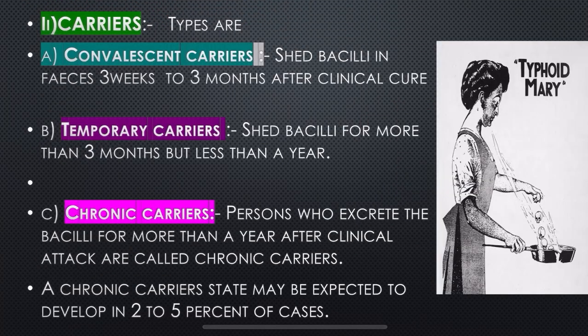Then comes the carriers. In the carriers, we have a convalescent carrier, temporary carrier, and a chronic carrier. To begin with, the convalescent carrier of typhoid is an individual who has recovered from typhoid fever, but still continues to shed the Salmonella typhi bacteria in the feces and occasionally urine for a period after the initial infection.